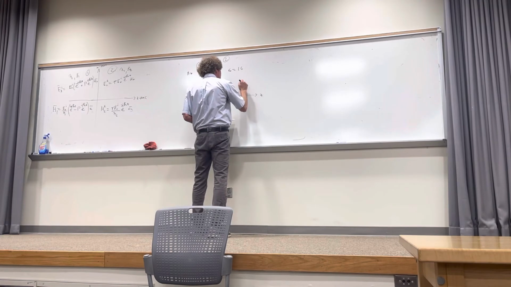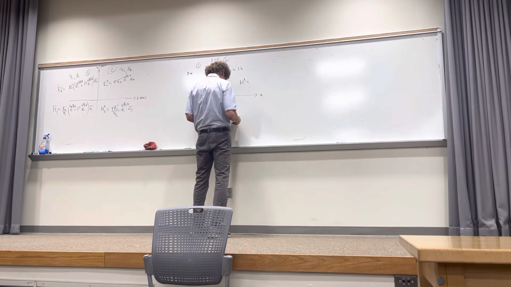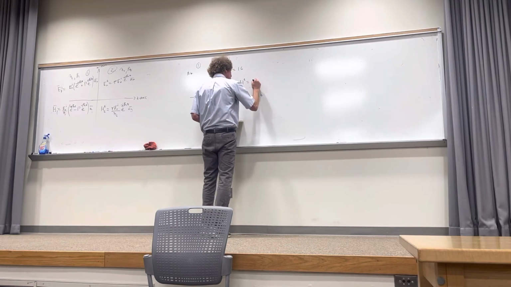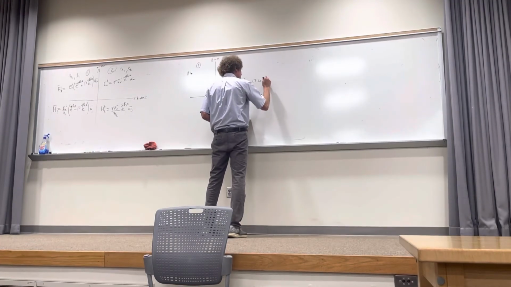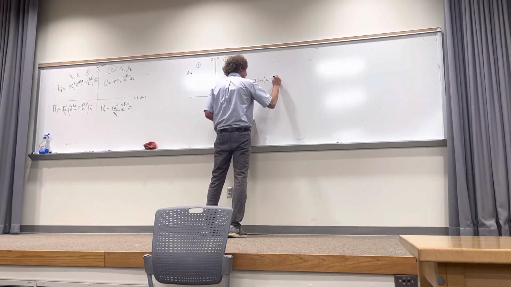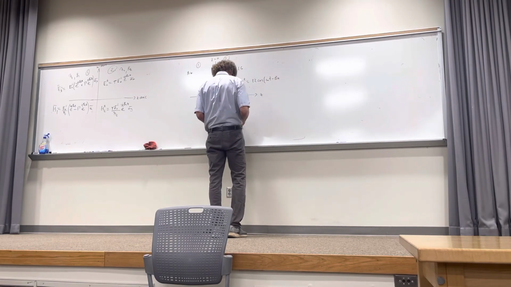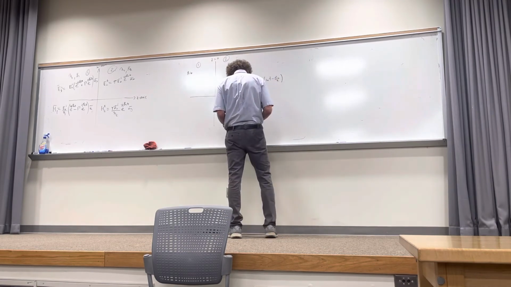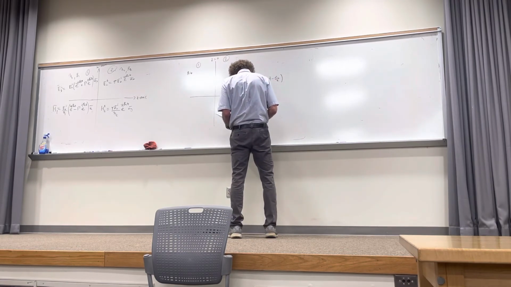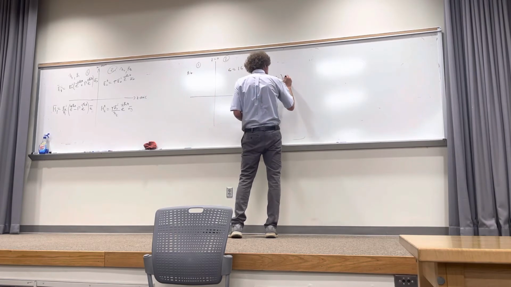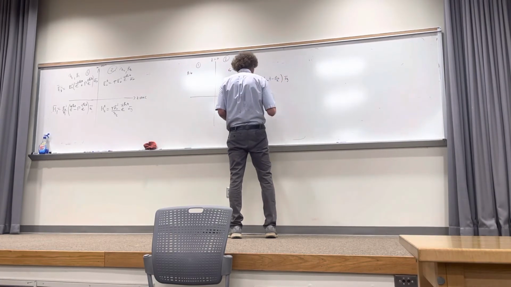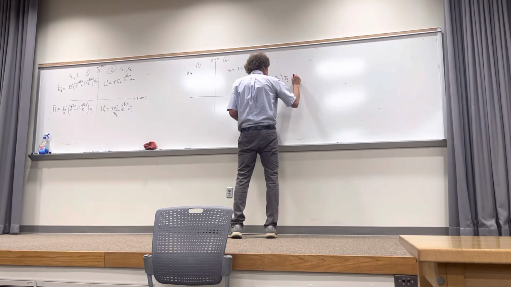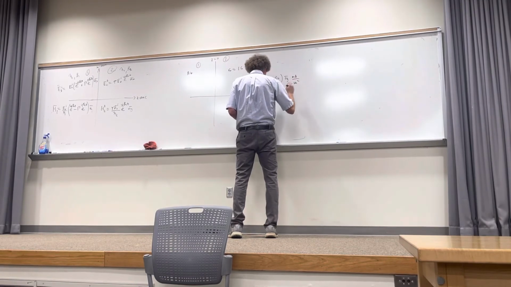He gives you the transmitted H field is equal to 12 cosine of omega t minus beta 2 z, in the a_y direction, in milliamps per meter squared.